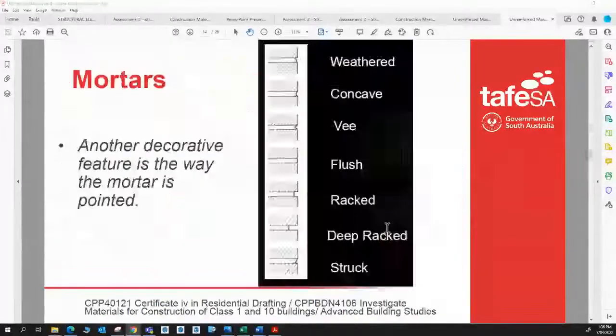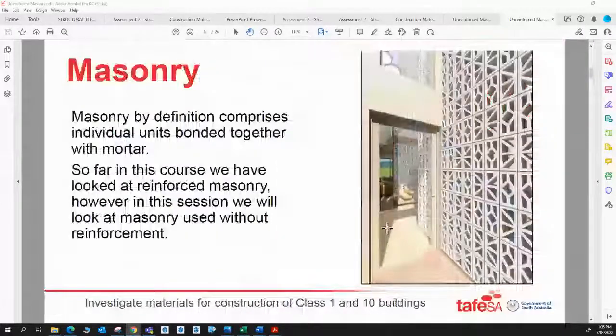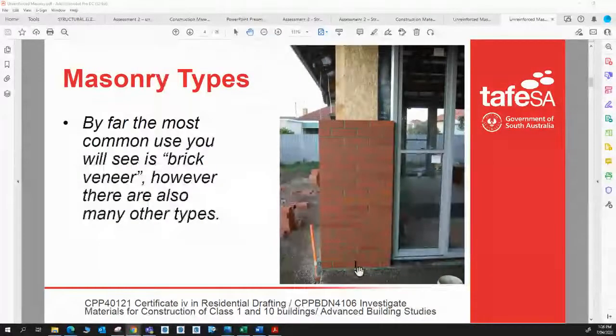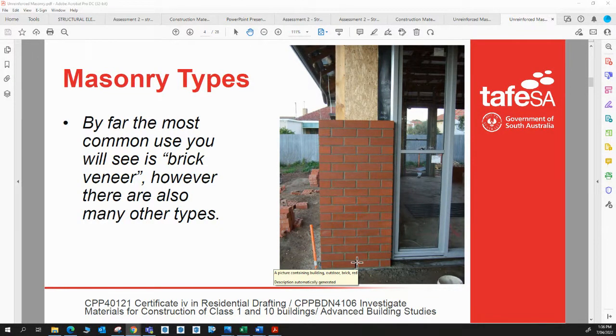So if I rewind all the way up to this guy here, we can see right down the bottom there is a brick control joint. Sorry, not a brick control joint, a weep hole in the base of that brickwork. That weep hole is great for letting moisture out, but it's also really good for letting embers in. So within bushfire prone areas, those weep holes have to have these little flaps.